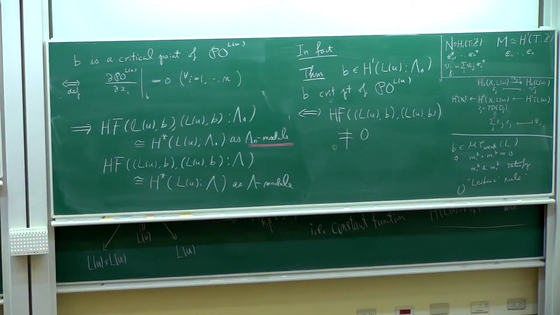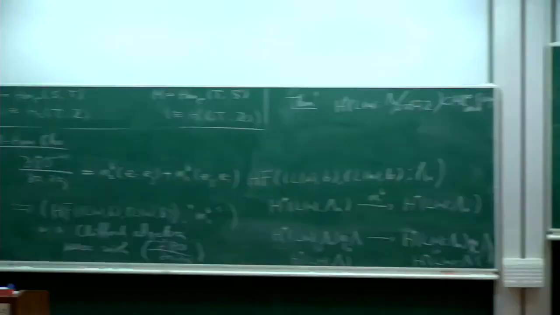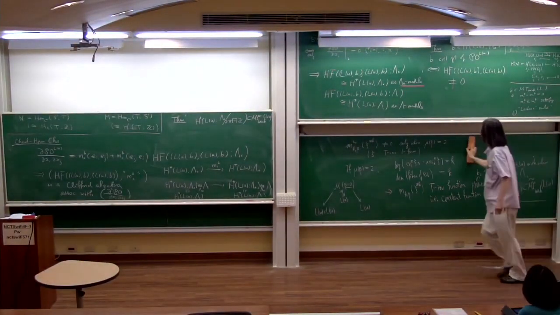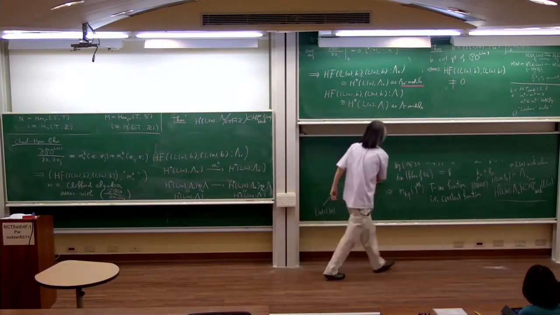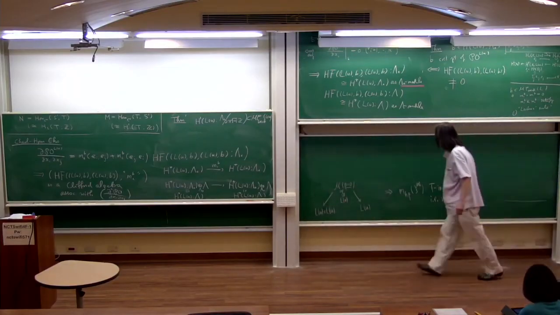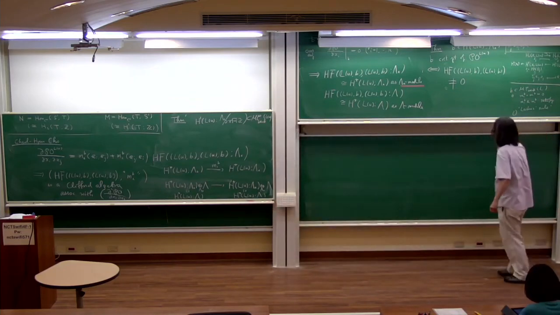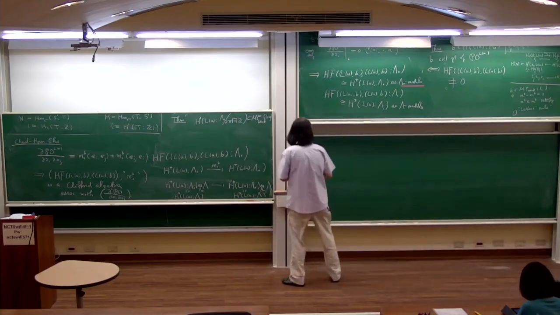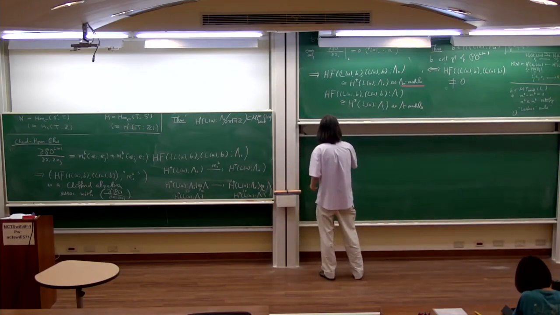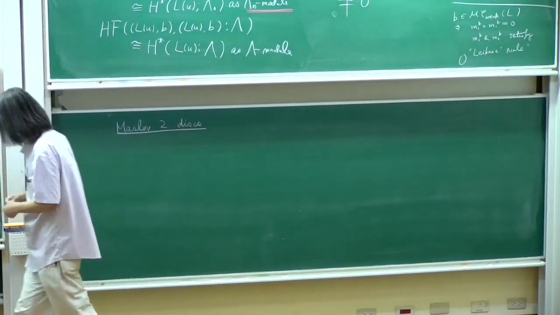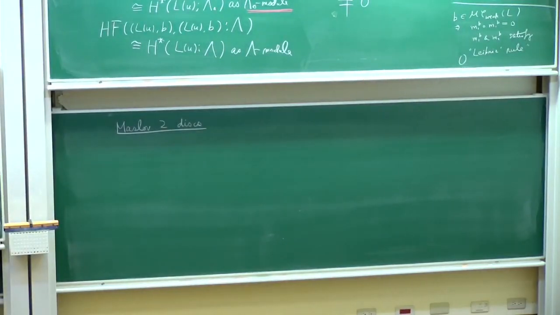Okay. So now I think I don't really use this. Okay. So we are interested in the class beta whose Maslov index is 2.